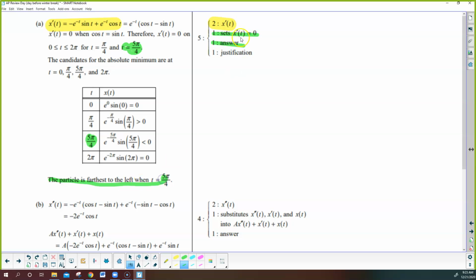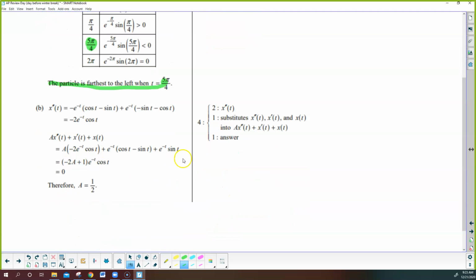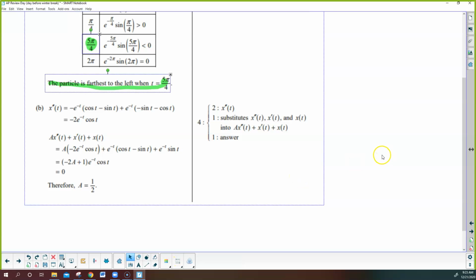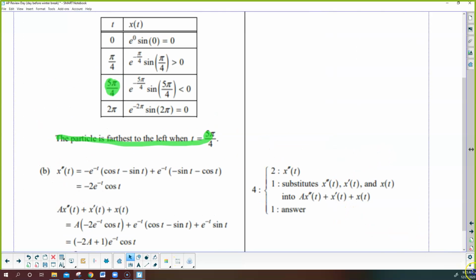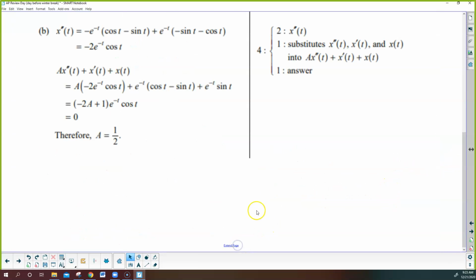So, okay, the last part is pretty tricky, and I'll just show this on here because otherwise it would take me quite a while.